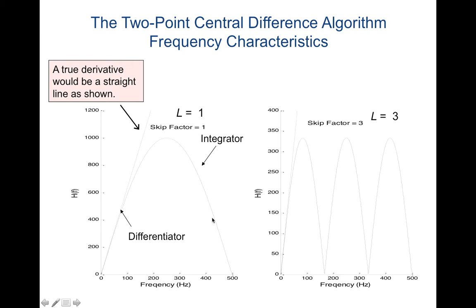So basically the integrator has the effect of smoothing out the response, while the differentiator has the effect of determining slope at low frequency. You can see what happens if you now have a skip factor of 3: that gets compressed a little bit, and has the integration part act at a little lower frequency.